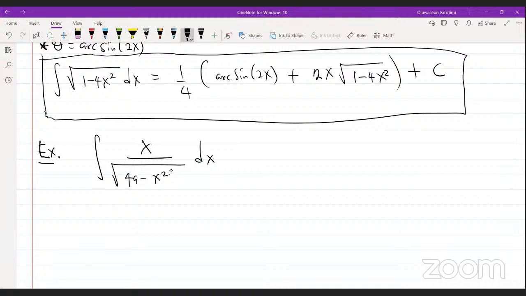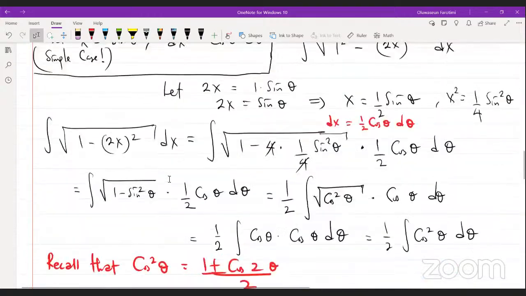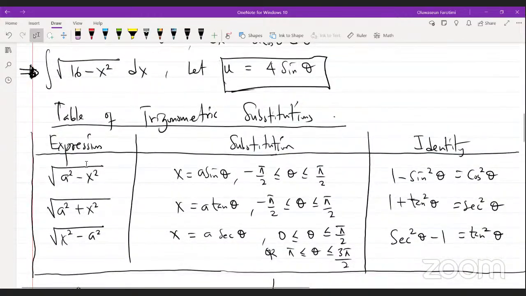Take a look, guys. This example looks different from the first one, but essentially we'll use the same idea. Now, let's back up one second to the table, guys. This is a squared, right? Minus x squared. That means the constant comes first, and then you can talk about the variable.